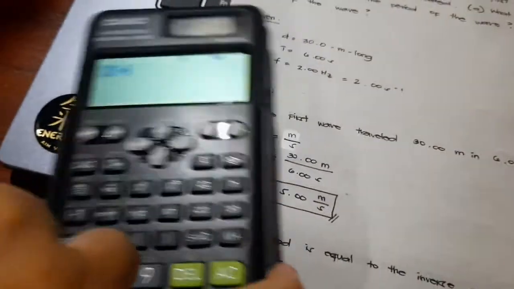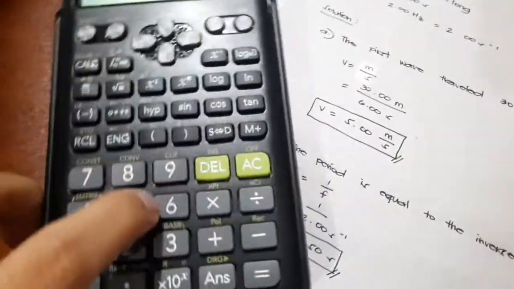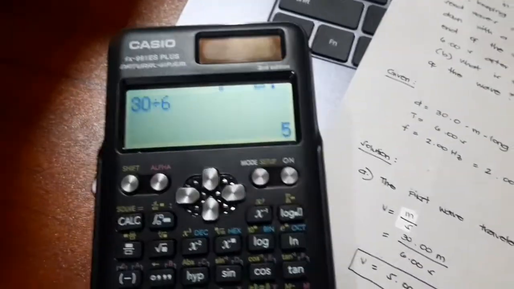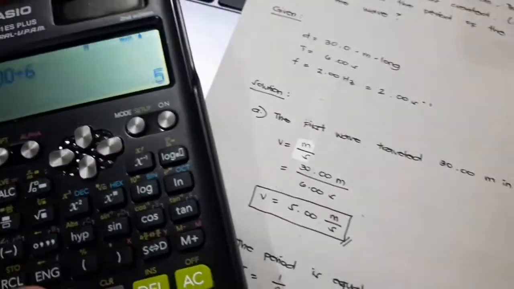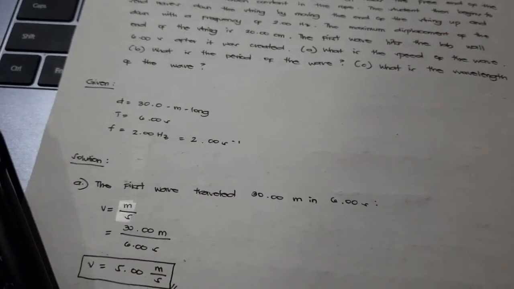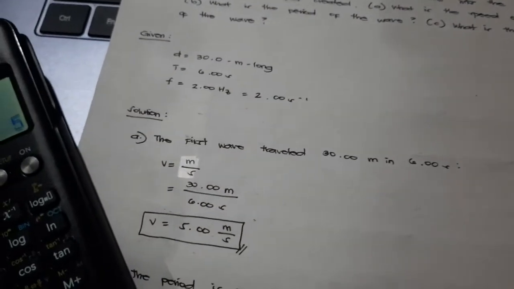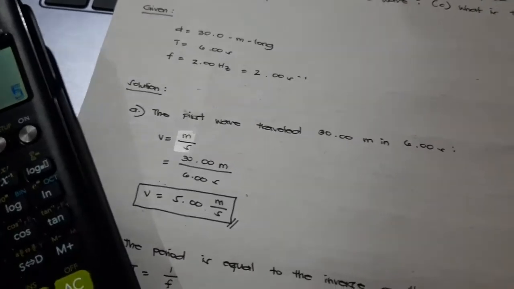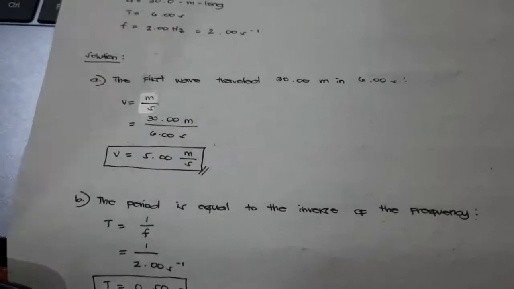Calculate 30 divided by 6, which is 5. Therefore the speed of the wave is equal to 5 meters per second. So let's proceed to letter B.